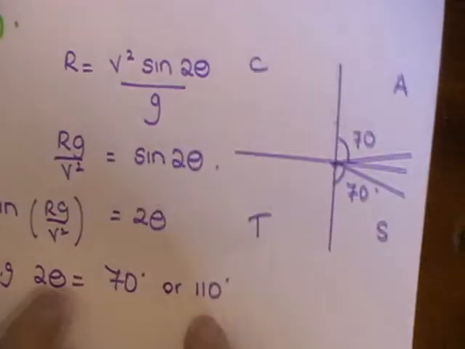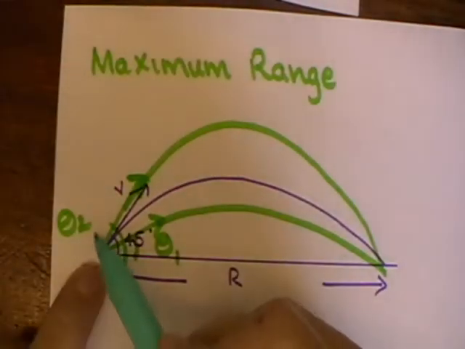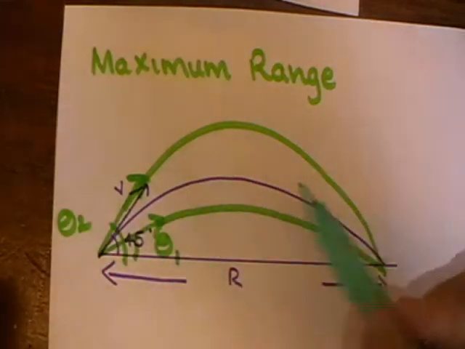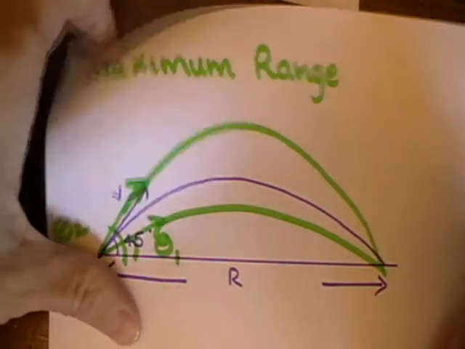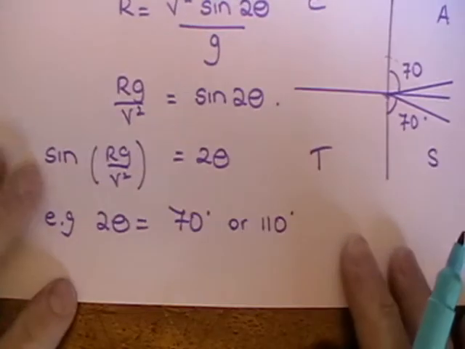Obviously, you can't fire a projectile at 110 degrees because you'd be throwing it over your back and it wouldn't go this way. So the other 2 theta value is 110 degrees.